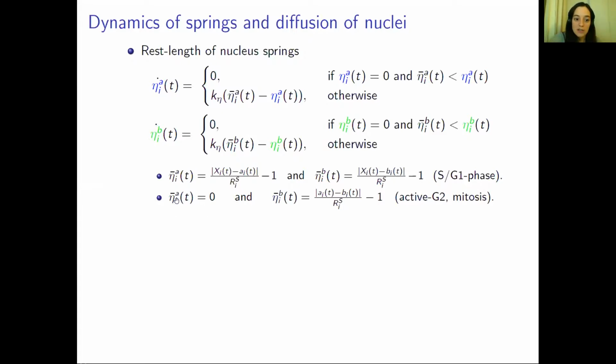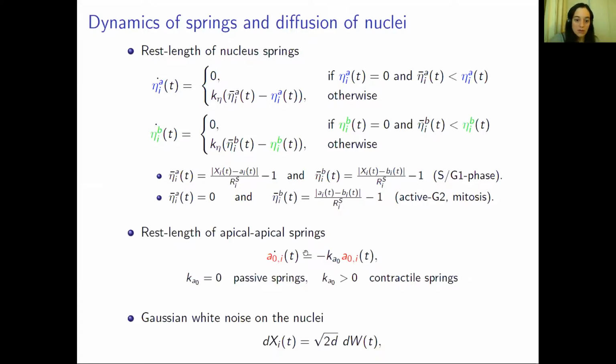Therefore, we set up the apical rest length, nucleus apical, to 0, and the nucleus basal to the size of the cell, so that the nucleus wants to reach the apical side.